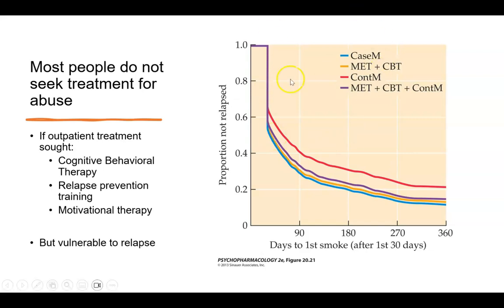And you can see that generally, case management is at the very bottom, and this is kind of our baseline. And it seems like out of all of the groups, you can see that relapse is pretty common. The proportion of people who aren't relapsed drops over time, but it seems like contingency management, despite having some relapse, is still pretty effective here.